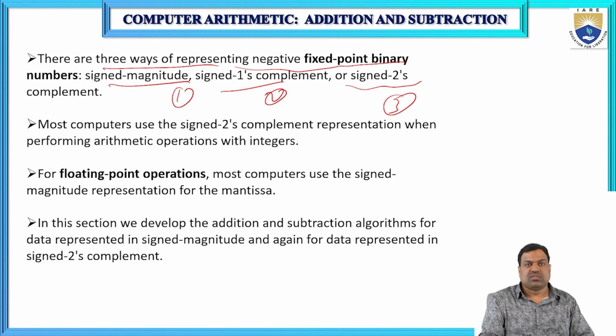Most computers use the signed two's complement representation when performing arithmetic operations with integers. In floating point operations, most computers use the signed magnitude representation for the mantissa. We have addition and subtraction algorithms for data represented in signed magnitude, and again for data represented in signed two's complement.